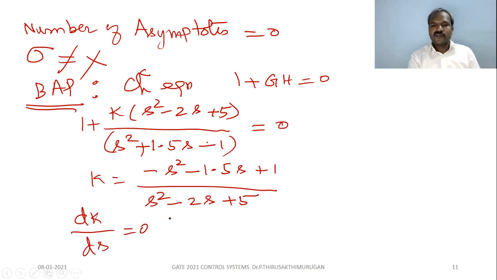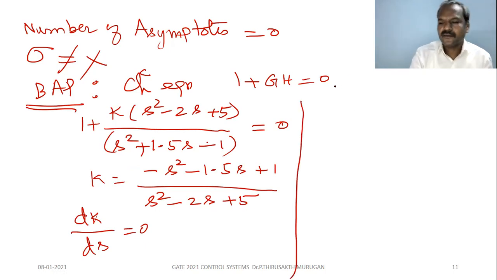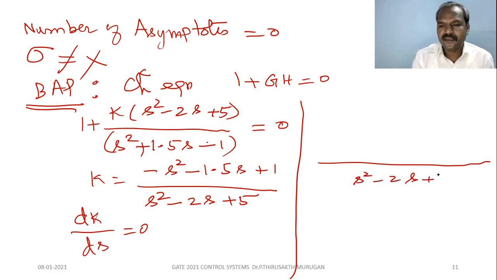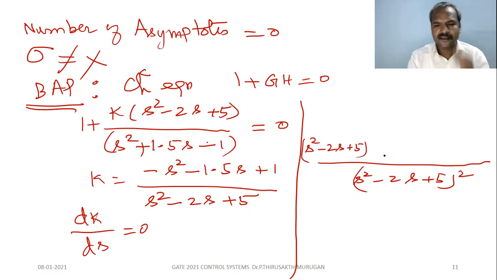So please, my dear students, please differentiate this. Please do it. In the denominator part, we have (s square minus 2s plus 5) the whole square. Then the differential of the denominator term, s square minus 2s plus 5, into the differential of the numerator.